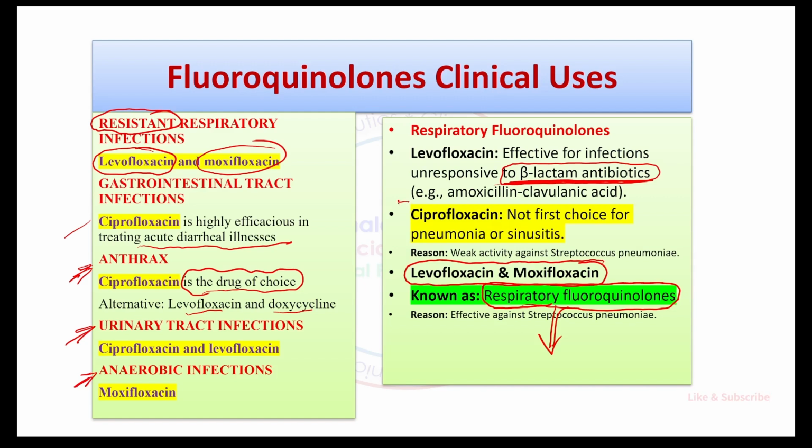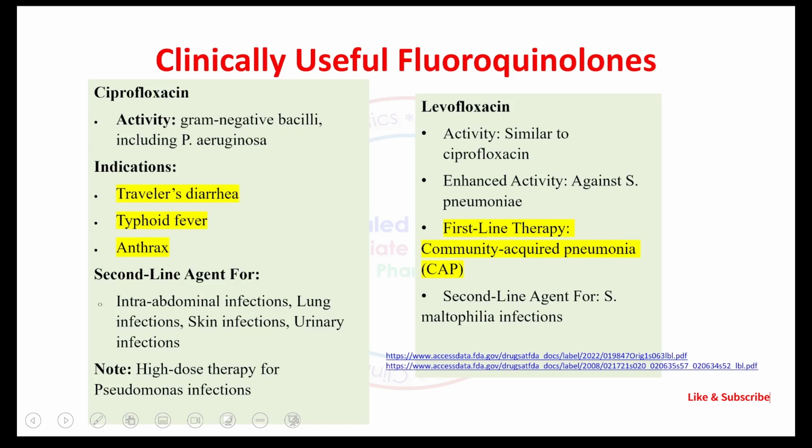They tried to remind us here that ciprofloxacin is not considered a first choice for the treatment of pneumonia or sinusitis. The reason is that ciprofloxacin only covers gram-negative bacteria, as in the previous session speaking about ciprofloxacin's spectrum.